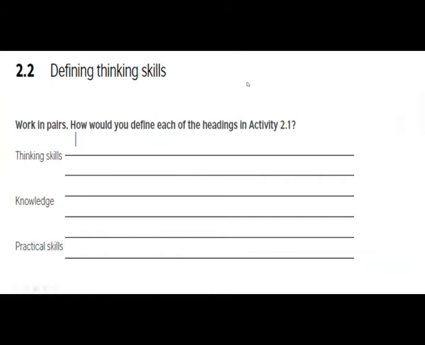Based on what we did, we have three different terms: thinking skills, knowledge, and practical skills. Think about the definitions of each term. You have 5 minutes to do this.